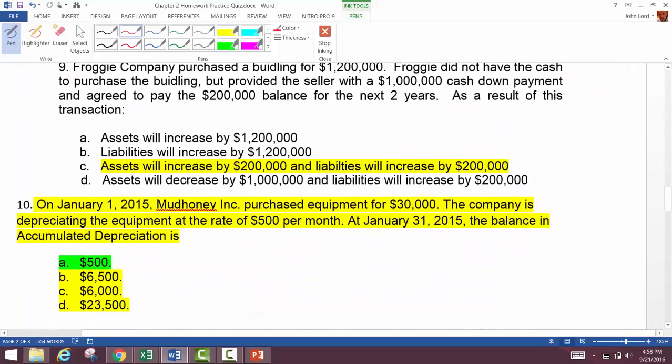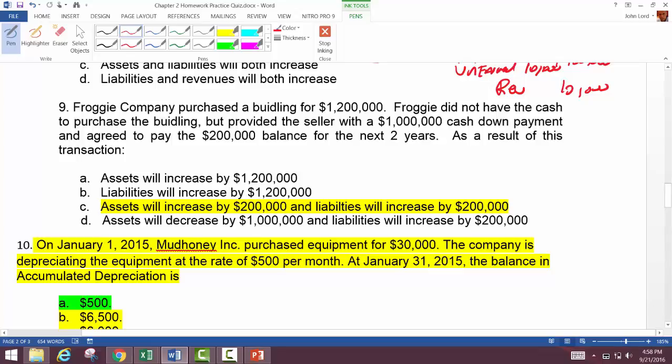Froggy purchased a building for $1.2 million, but I did not have the cash to purchase the building, but the seller said they would take $1 million cash down payment and that I could pay the $200,000 balance for the next 2 years. Okay, so what's going to happen here now?